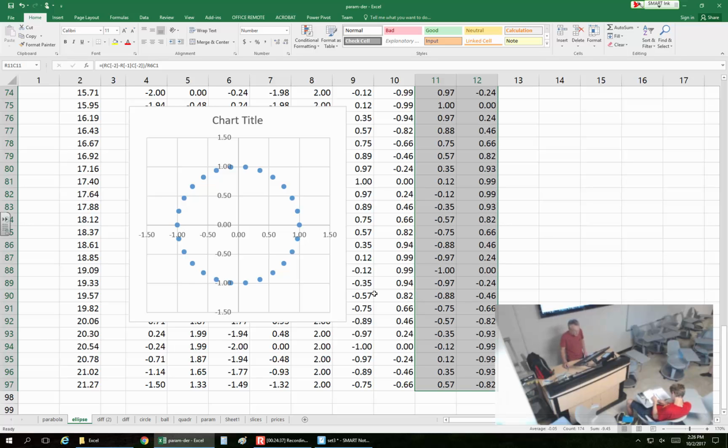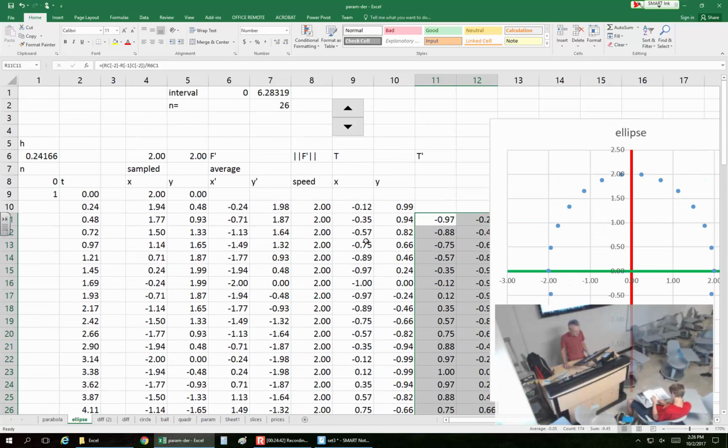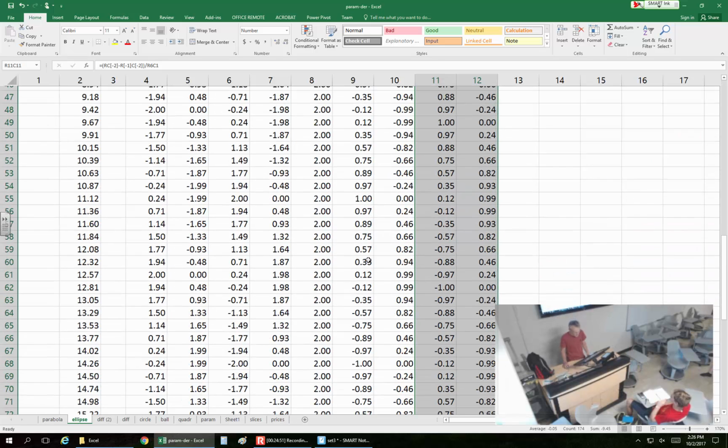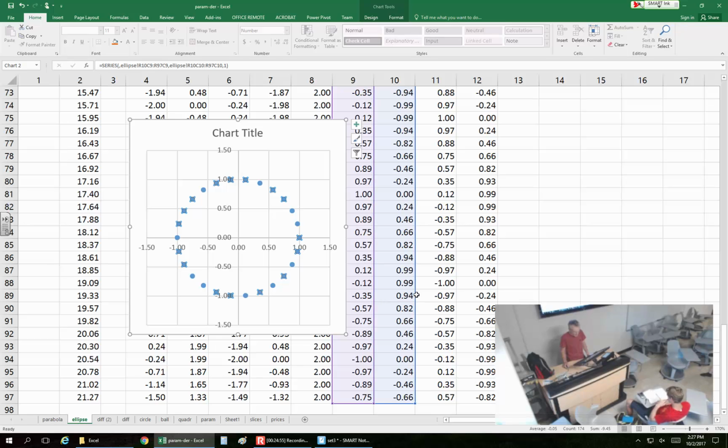So this is supposed to be the derivative of the unit tangent vector. Well, I could just try and see if it produces anything interesting.